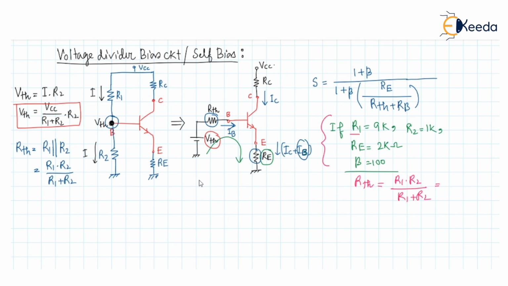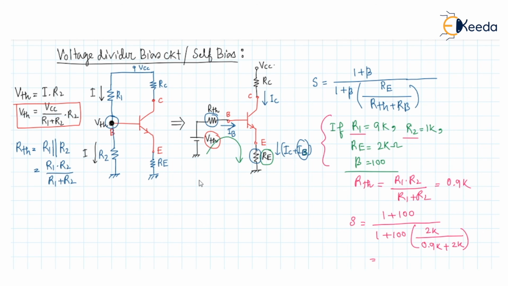If we put in the values of R1 and R2, RTH will come out as 0.9 kilo ohm, and the stability factor will be 1 plus 100 divided by 1 plus 100 into RE divided by 0.9K plus RE.